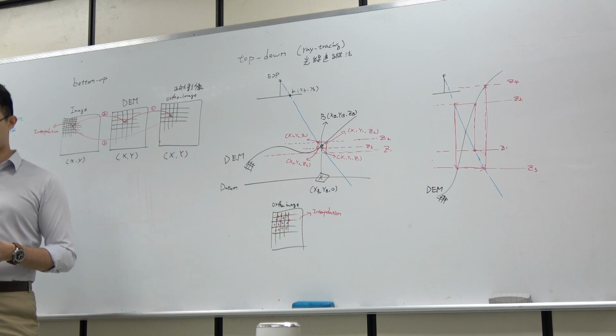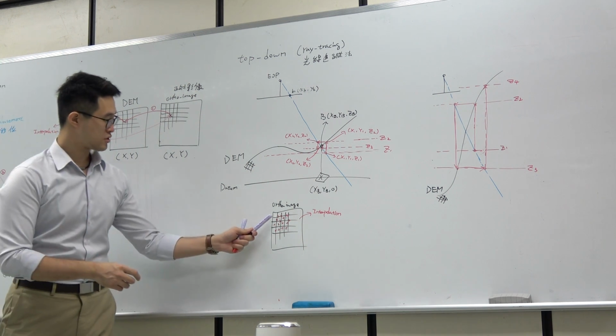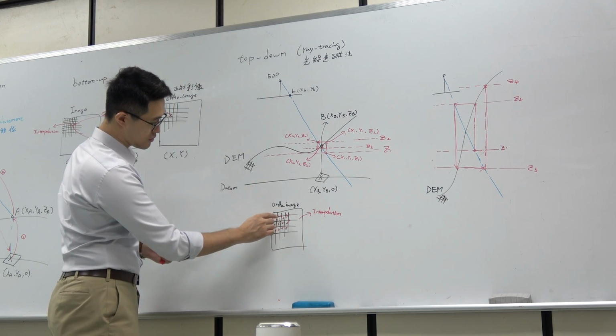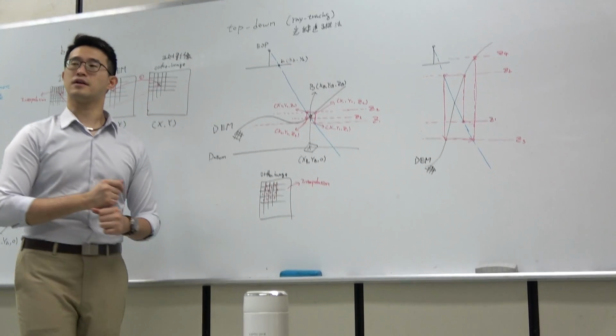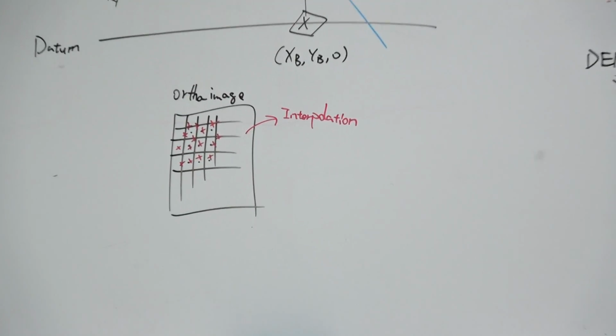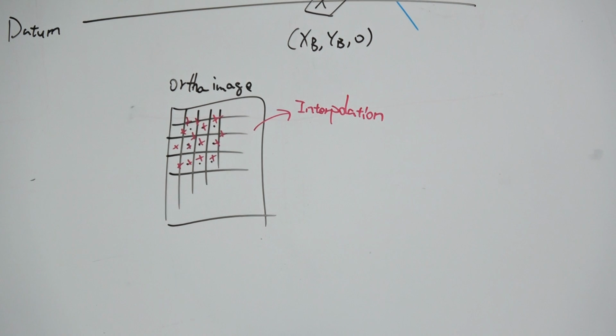You need to perform the interpolation from those red crosses to those black dots, which are the center of each pixel. So interpolation is over there.